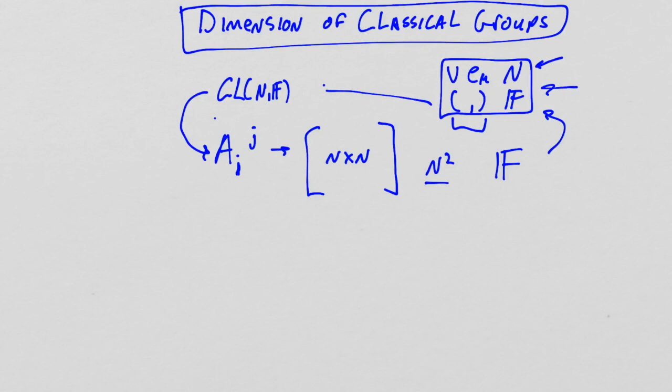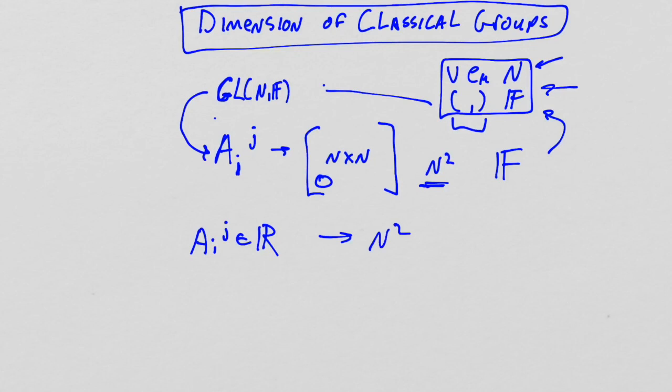So you quickly ask yourself, well, okay, I can pick n squared independent numbers out of this general linear group. Well, how much independence really is there? If it's the real numbers, each element, each A^i_j, is an element of the real numbers. Well, you can pick one real number for each matrix element. So that's good. That implies you have n squared choices.